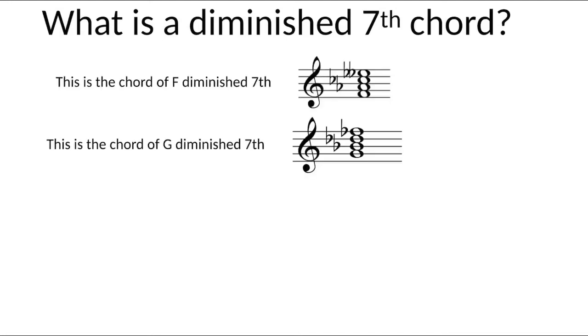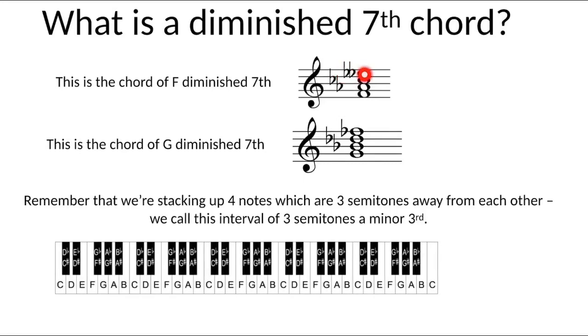Here we see the chord of F diminished 7th, the chord of G diminished 7th, and we can see again, here's a double flat here on the F. Remember that we're stacking up 4 notes which are 3 semitones away from each other. Sometimes we call this interval of 3 semitones a minor third.